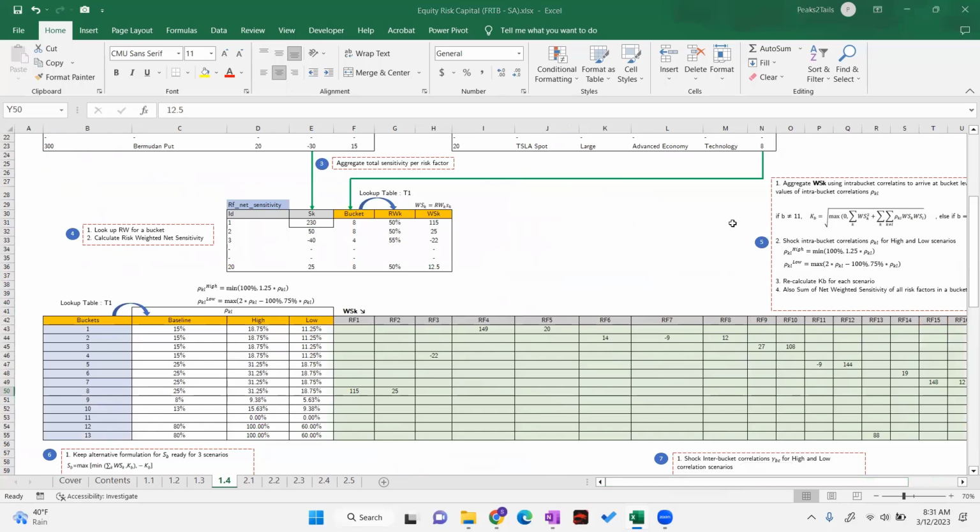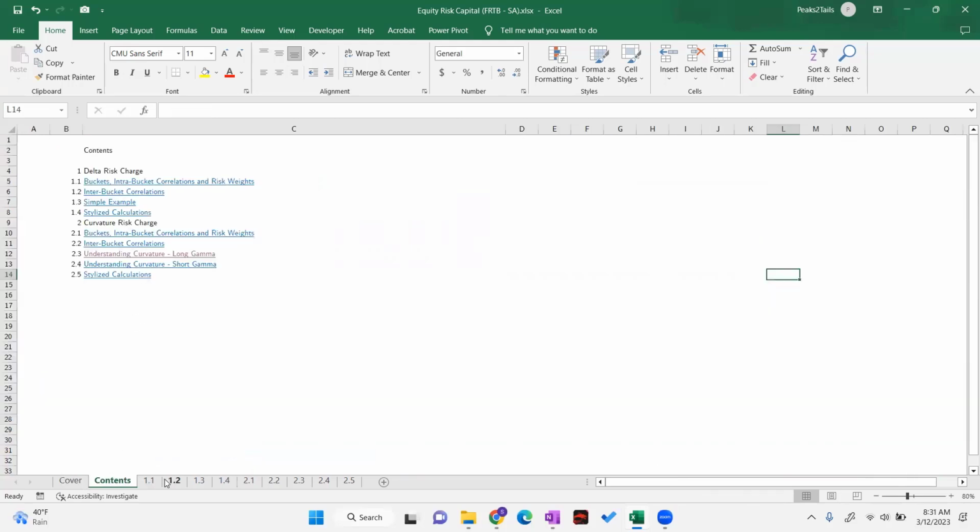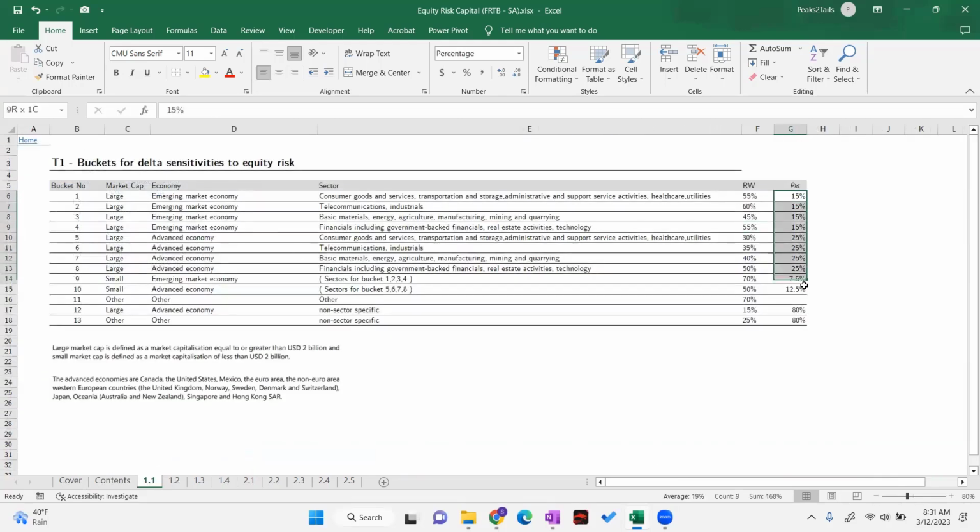And now what do we do? Against each bucket, we have correlations. These are your within-bucket, or intra-bucket, correlations, which again come from the same table, T1 correlations. Okay.